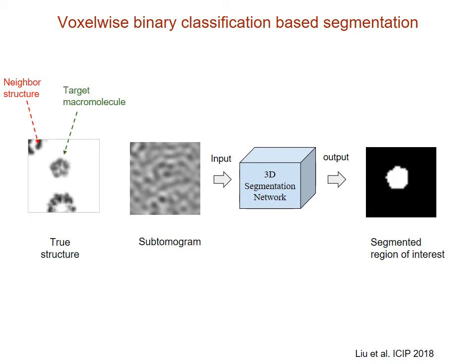Previously, we developed a number of subtomogram segmentation methods based on geometric heuristics, which were published at ISMB. And recently, we have also developed supervised deep learning methods to perform such segmentation, which achieve improved performance.